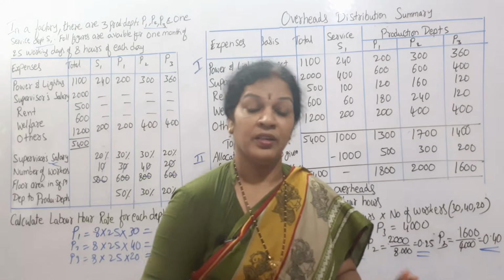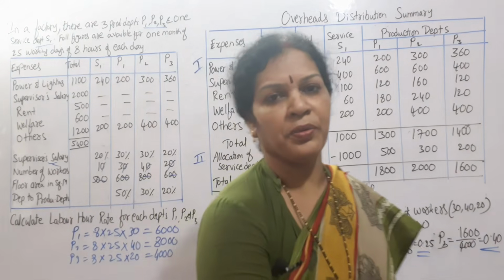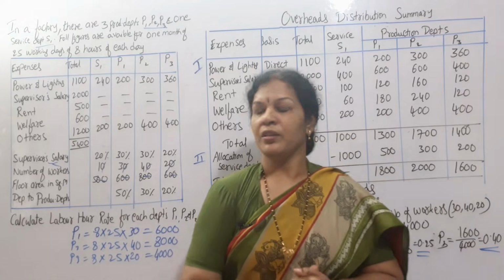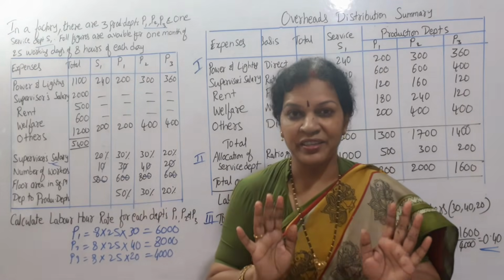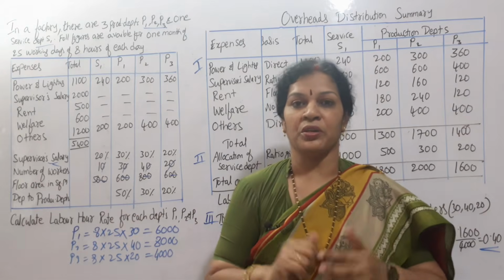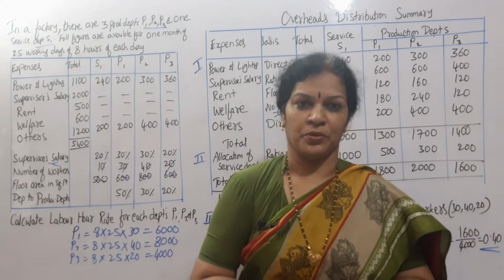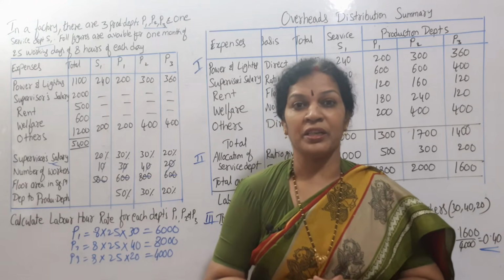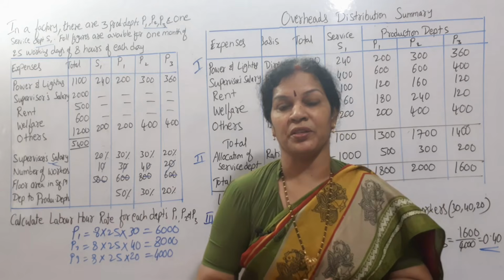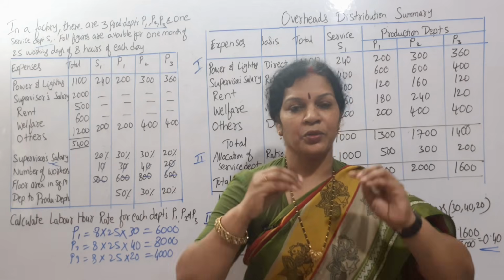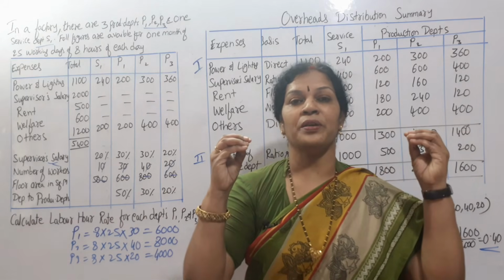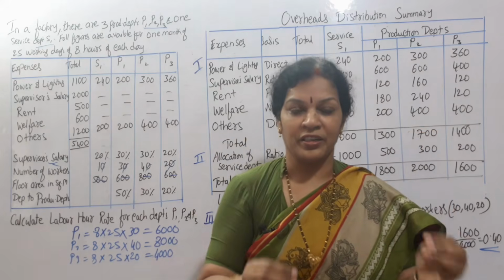That's all. If you understand this problem, do one thing: take down this problem, understand it, try to work it out, and after that take any textbook. I have already given recommended textbooks for cost accounting. Follow those, as they are per your faculty recommendations.